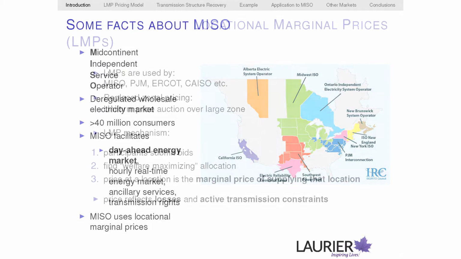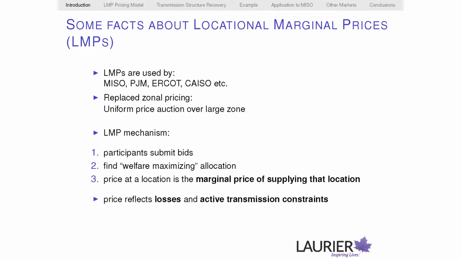So what does that mean? First of all, LMPs are used by the majority, I think some 60% of people in North America are in the footprint of markets which use LMPs. MISO, PJM, ERCOT, CAISO, which is the Midwest, the Northeast Seaboard, Texas and California, all use this sort of pricing now.